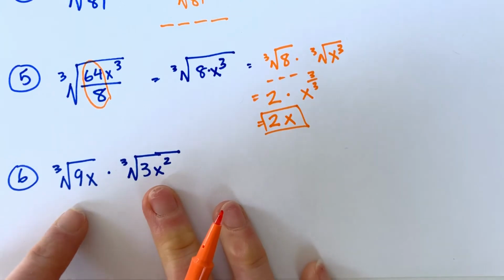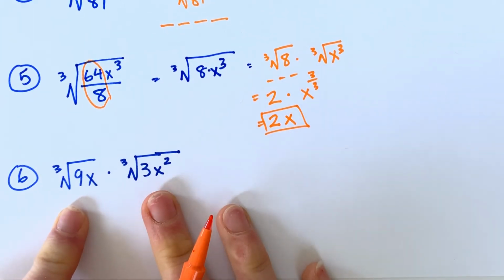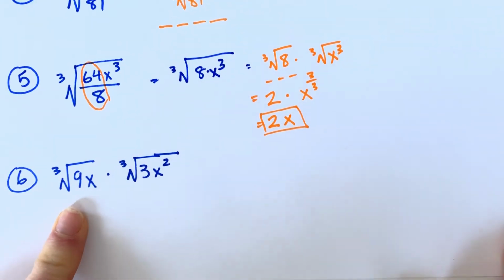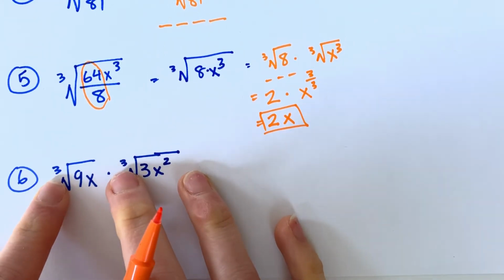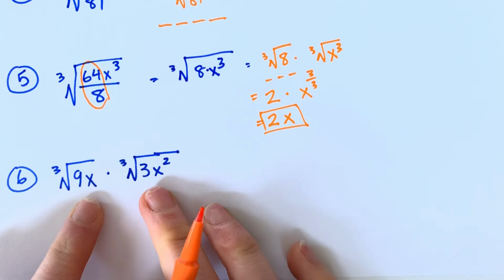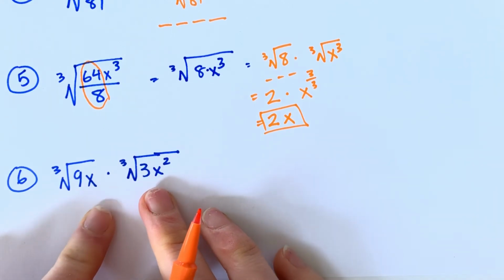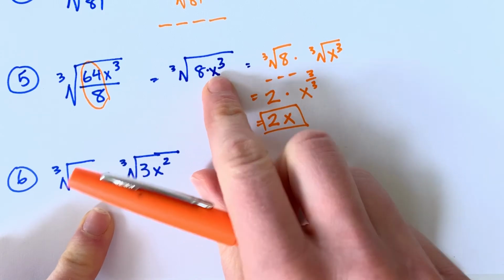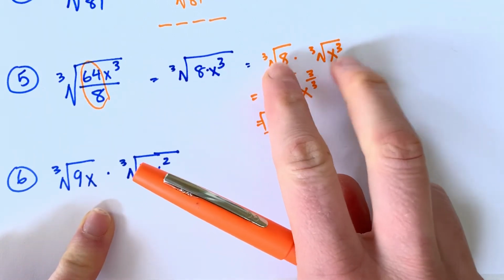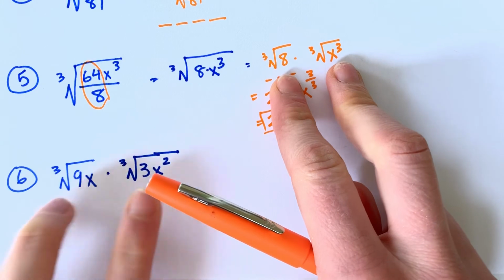All right, this one, you got 2 radicals here with the same number on the outside. So this is kind of like the reverse. We're going to do the reverse rule of the multiplication rule. So the multiplication rule, there's 2 things inside, and you split it up into 2 radicals like this, kind of like what we have here.